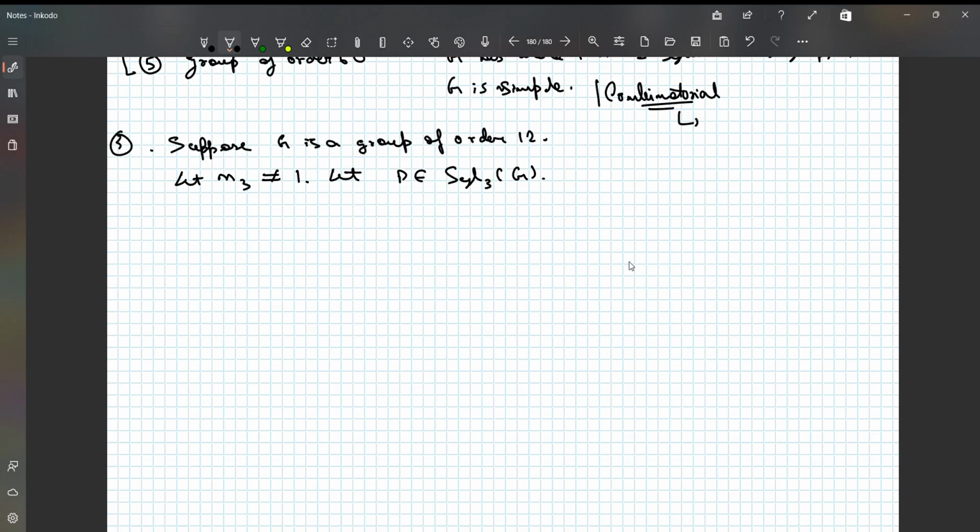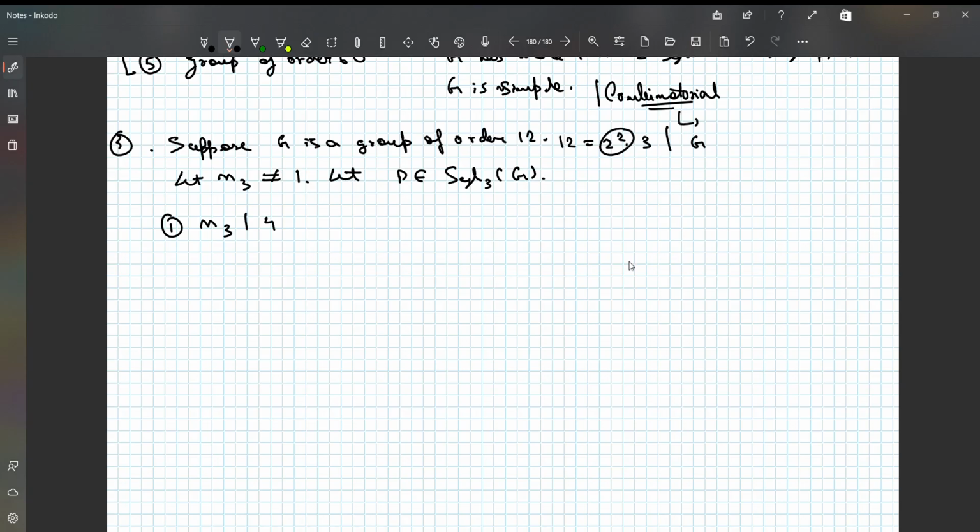Okay. Now, what are the essential informations we have? First thing we have is that, which we obviously are going to use here, that N3 must divide 4. Because see, 12 has a prime factorization of 2 square times 3. So obviously N3 will divide this element 2 square.